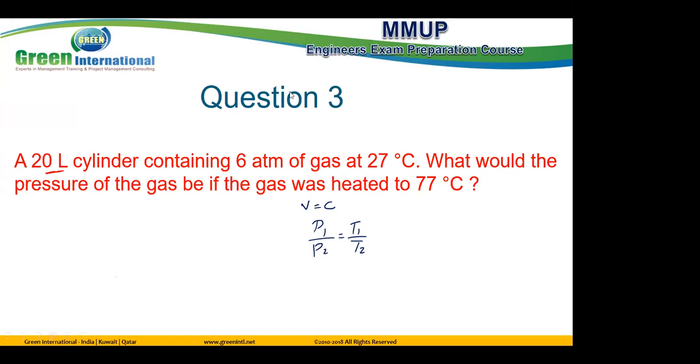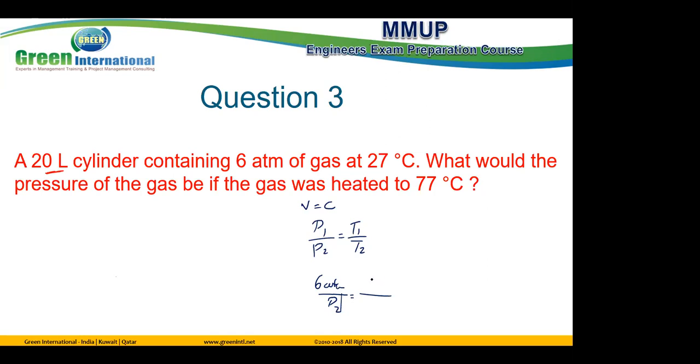Why 17? 17 or 7? I see one is extra. For the gas equation, temperature must be in Kelvin. Be sure about this point, please. Temperature must be Kelvin. So here we get 7 atmospheres.